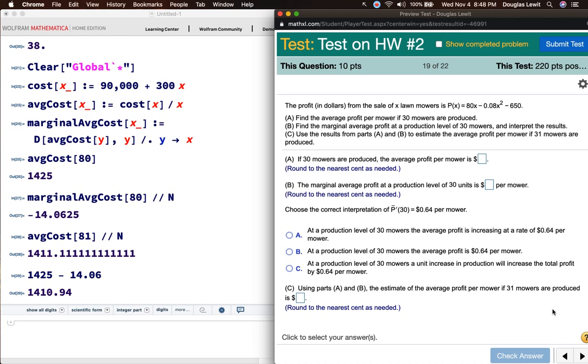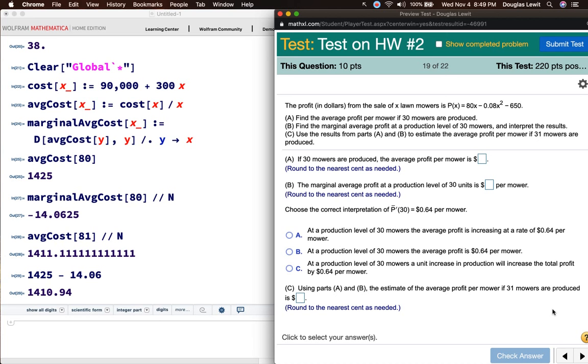Okay. The profit in dollars from the sale of X lawnmowers is profit of X is equal to 80X minus 0.08X squared minus 650. Part A, find the average profit per mower if 30 mowers are produced.